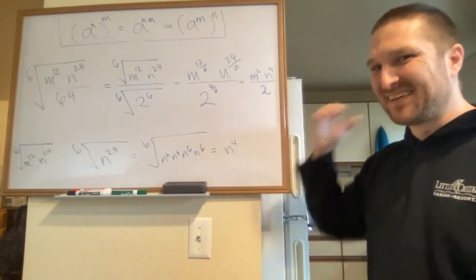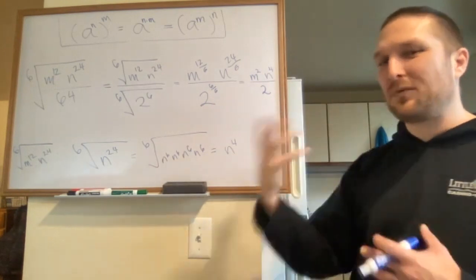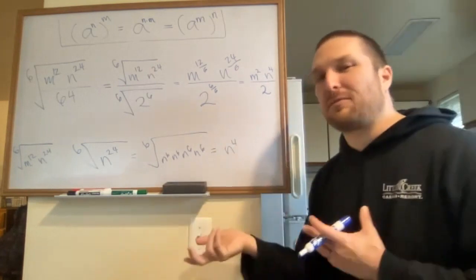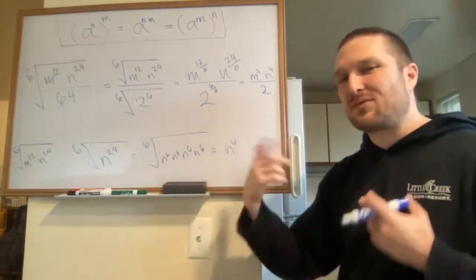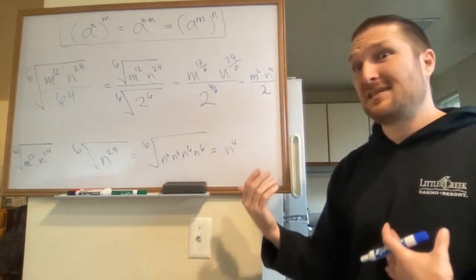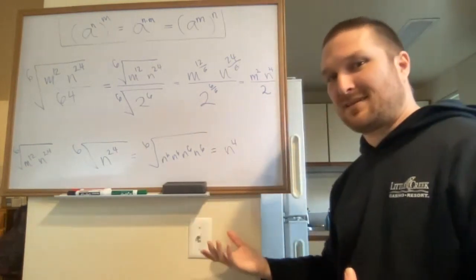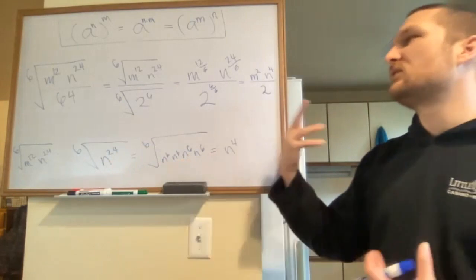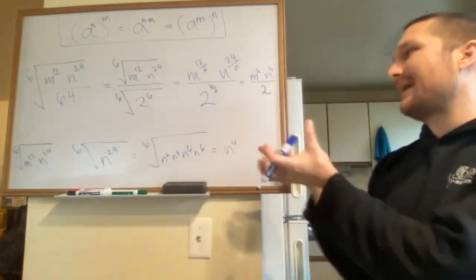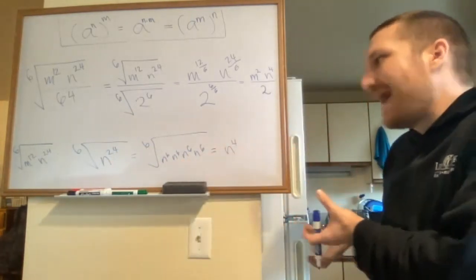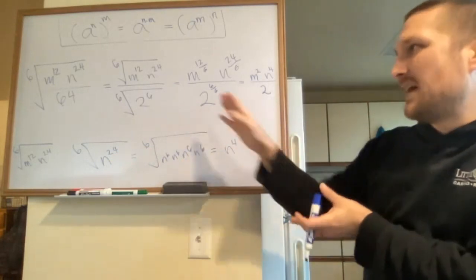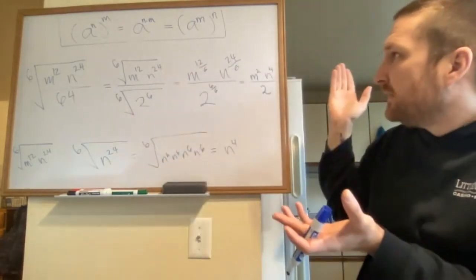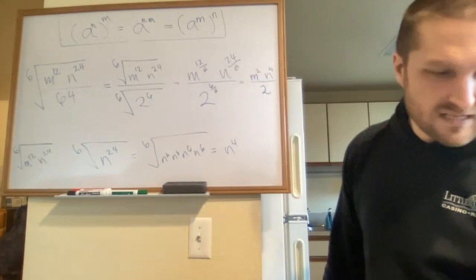Only now we're using a little bit of formalism. We're saying, well, the 6th root means divide the power by 6. How many ways can you group this into 6s? And of course, if there's a remainder, that'll be left inside. This is a nice example because everything just worked out. But that's the idea.